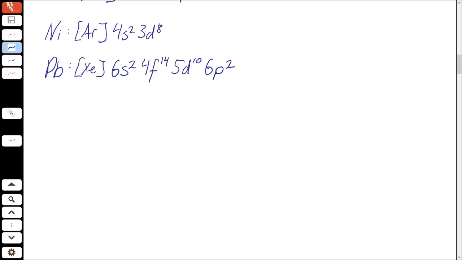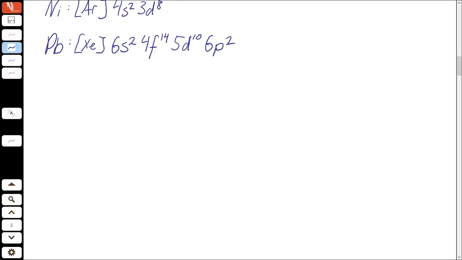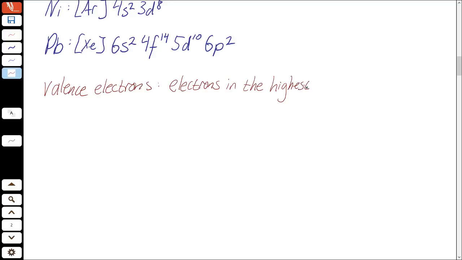So the last thing before we get going, which you've probably heard before, is a term known as the valence electrons. Those are going to be all the electrons in the highest n level of an atom.